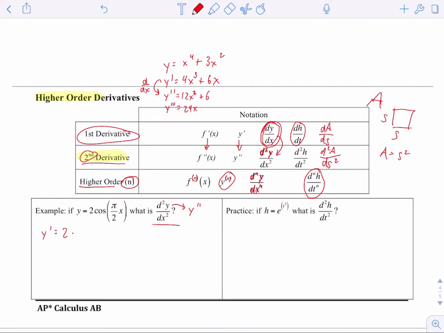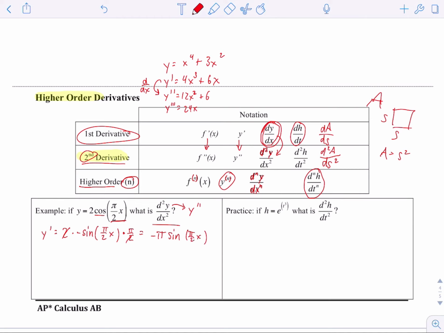What is the derivative of cosine? That's the outside function. It's negative sine. What do we do to the inside? Keep the inside times the derivative of the inside, which is pi over 2. So if I clean that up a little bit, this 2 and that 2 cancel, and it will be negative pi sine of pi over 2x.